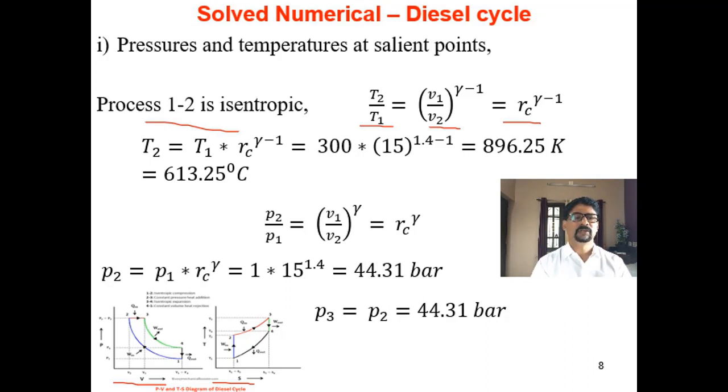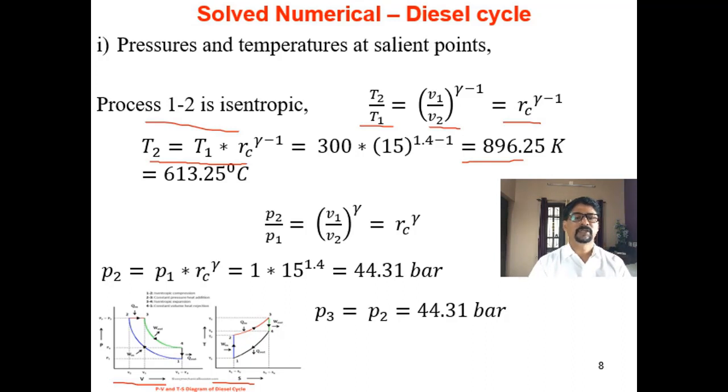So T2 is equal to T1 Rc to the power gamma minus 1. If you remember, you can directly write this, or you can get it through the temperature-volume relationship for the isentropic process. T1 is 300, Rc is 15, gamma is 1.4. Substitute, simplify, and you will get 896.25 Kelvin or 613.25 degrees Celsius.